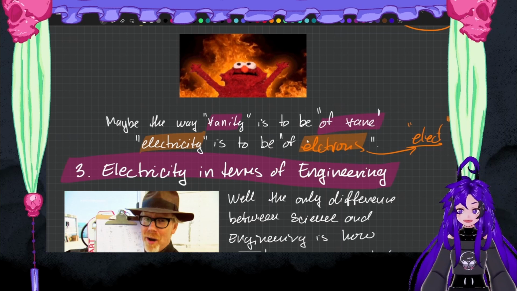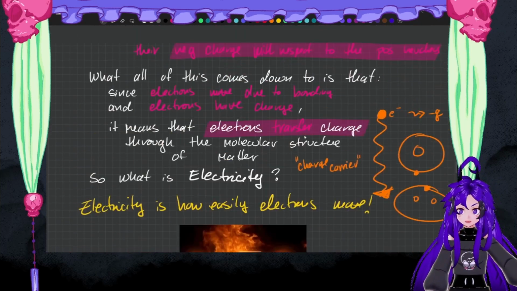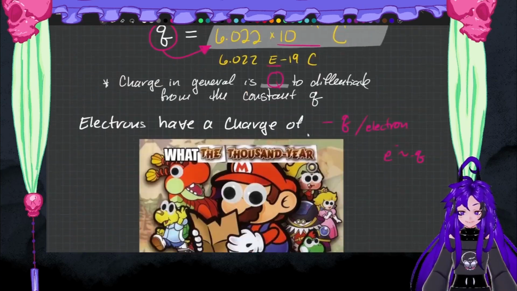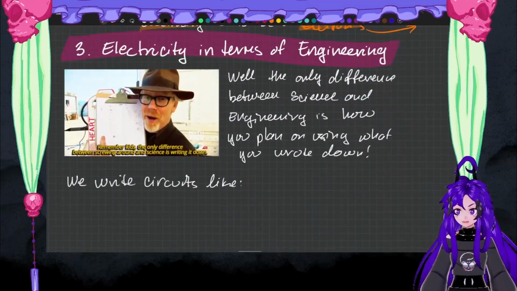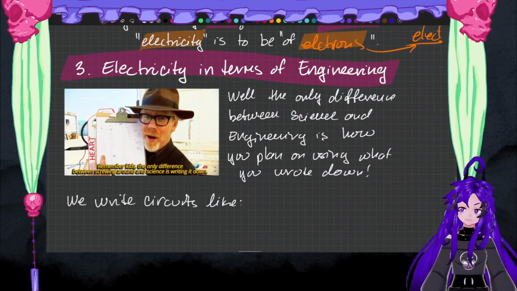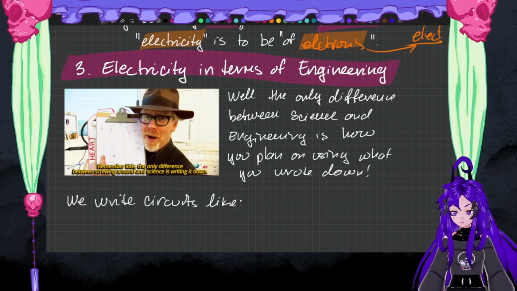So with that said, and to take a break from all of the conceptual big brain hurty, let's look back at how we talk about it in engineering. Adam Savage is one of my personal heroes, but this quote is actually pretty accurate.